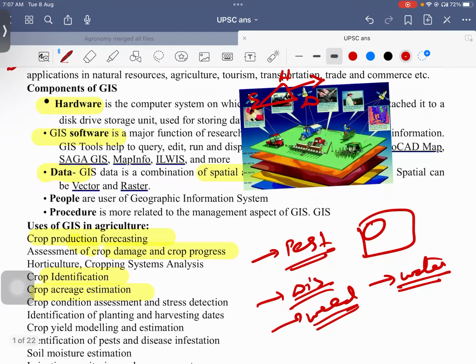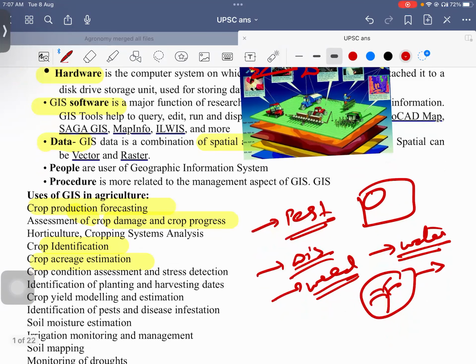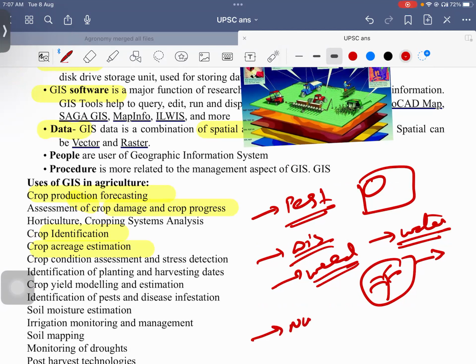We will be able to know the stress level of the plant, and if any pest or disease attack is there. Nutrient deficiencies in the plant can also be analyzed by GIS, because of the sophisticated tools, drones and cameras, we are able to understand all these things.